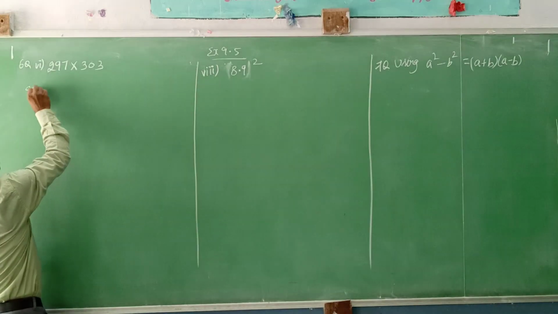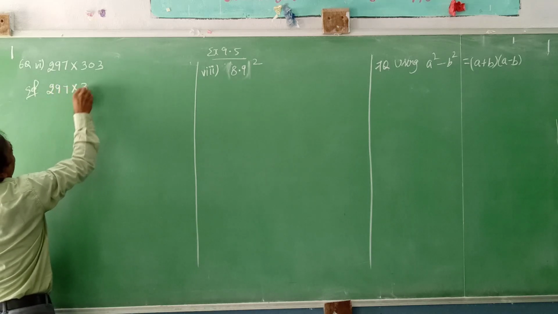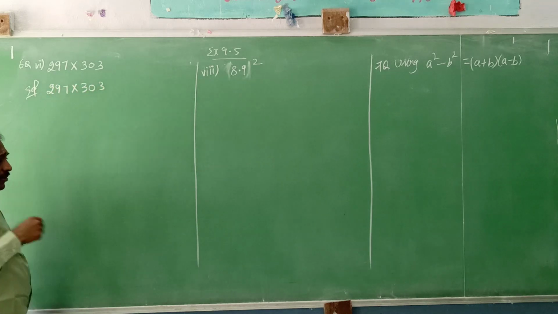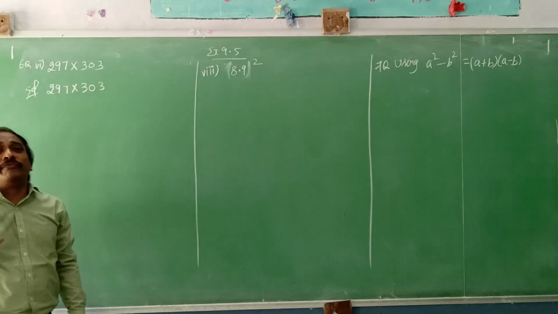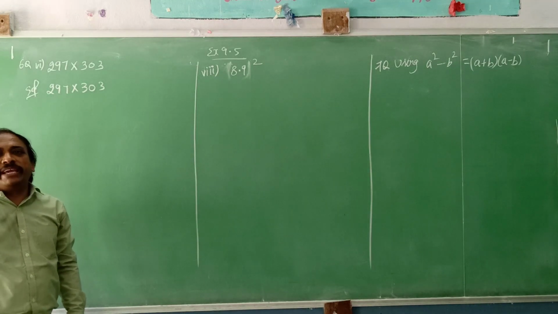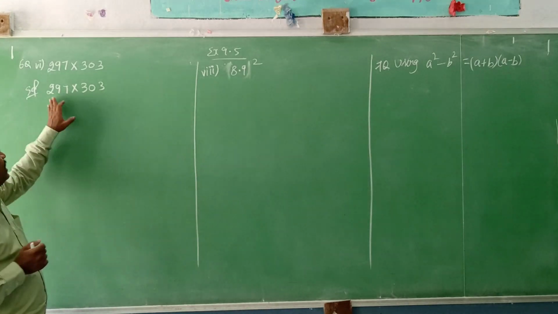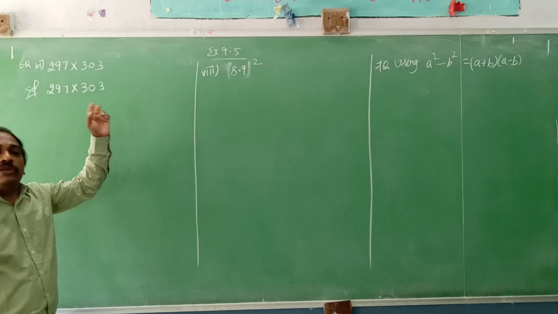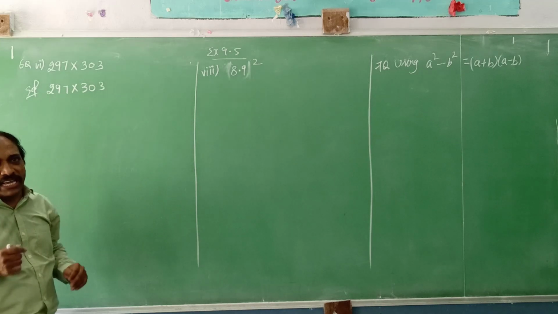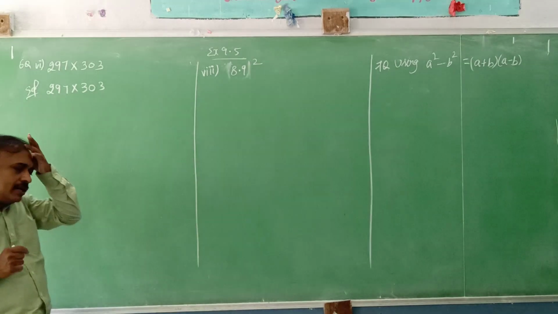When you are using the identities, try to write the nearest round figures, which will be easy for us to calculate. Don't write it as 290 plus 7 and 300 plus 3. There is no meaning, you will get the answer by normal multiplication. When you are using an identity, there must be unique values.